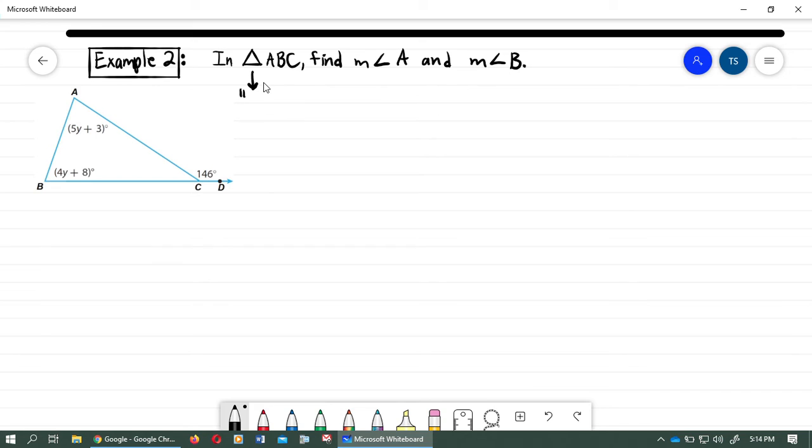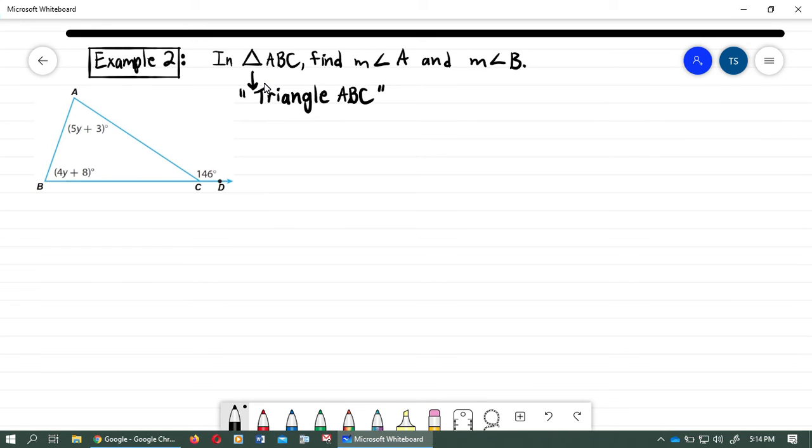Sometimes they'll use that symbol to name a triangle instead of writing out the word triangle. So instead of writing out the word triangle ABC, they'll use that symbol there that looks just like a triangle, don't it? I'm glad we agree on that.